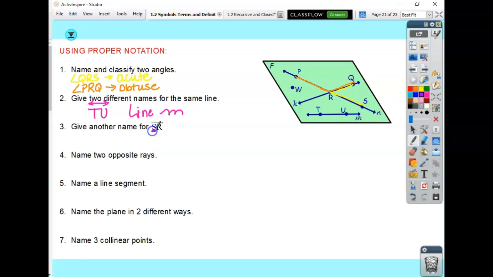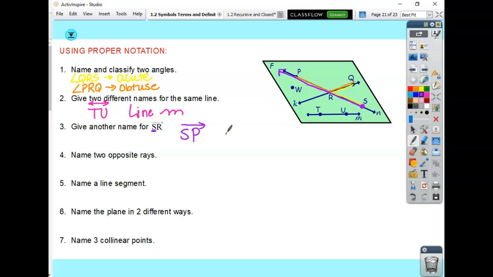So this ray begins at S, and it moves in the direction of R. It doesn't stop at R though, it continues to go on. So our other name for this ray also has to begin with the same letter, and it has to move in the direction of R, but since R has already been used here, we just need to find another letter that's in that same direction, which would be SP.